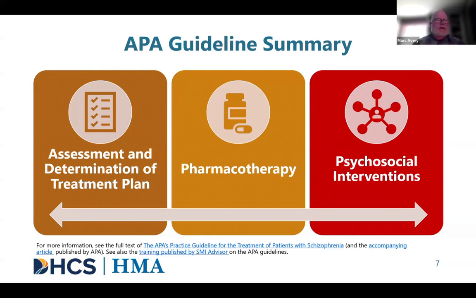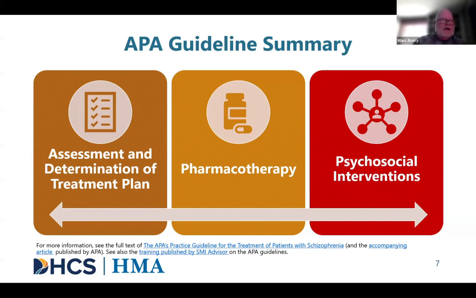Before I move on, let's think a little bit about what a guideline is and how the APA views them. The goal of these guidelines is to improve the quality of care and treatment outcomes for as many persons as possible, and to bring the evidence into a translation, as it were, for persons and care providers in the field that want to make best use of the available evidence at the time.